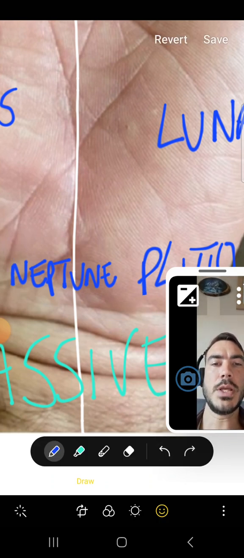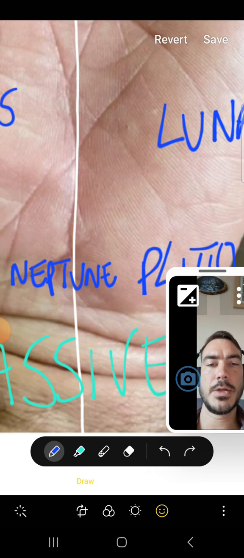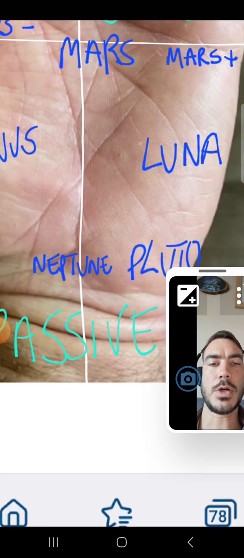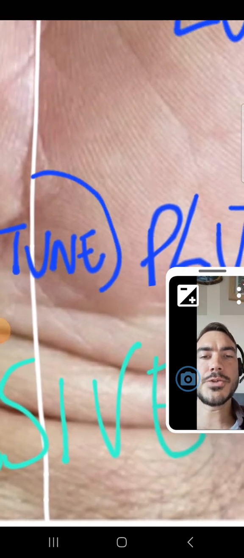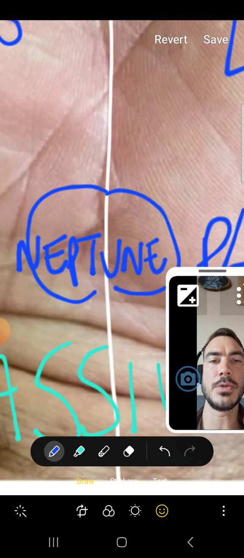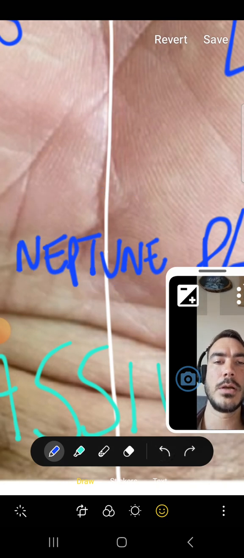Neptune, again, is also an unexplored part of palmistry. It's how we captivate others. So unconsciously, if the unconscious side of Neptune is more developed than the conscious side, we are unconsciously captivating others.